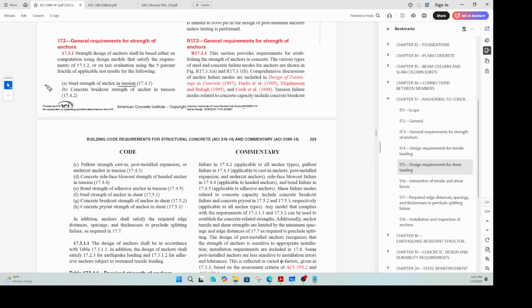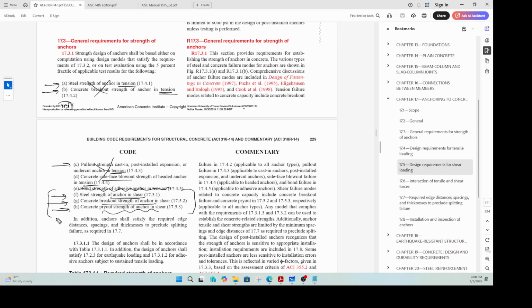This is tension, these three are also tension, so we're not interested in those. That is pullout strength in tension, concrete side-face blowout in tension. We are not worried about any of these. Ours is not an adhesive, so we're not going to worry about that. We are worried about steel strength of anchor in shear, concrete breakout strength of anchor in shear, and concrete pryout strength of anchor in shear. So we'll be talking about these three limit states.